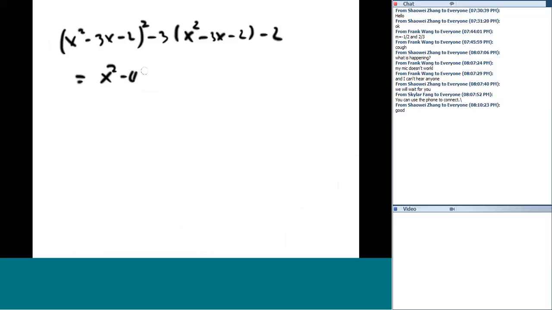We have proved it equals x squared minus 4x minus 2 times x squared minus 2x minus 4. Okay?